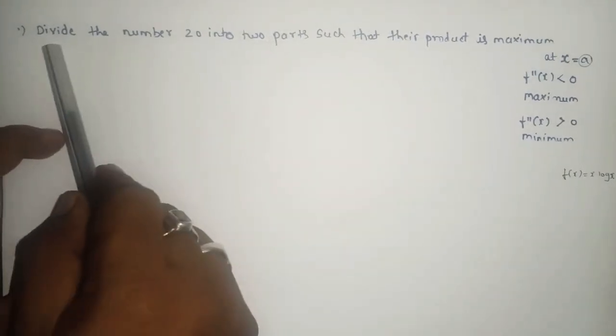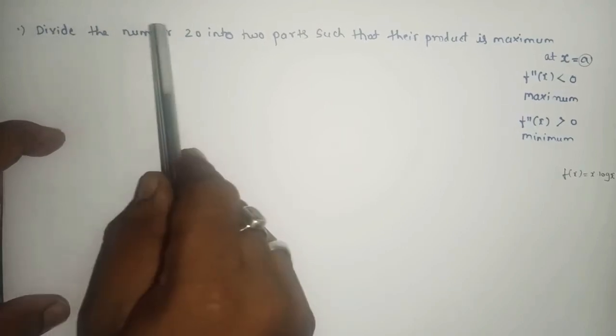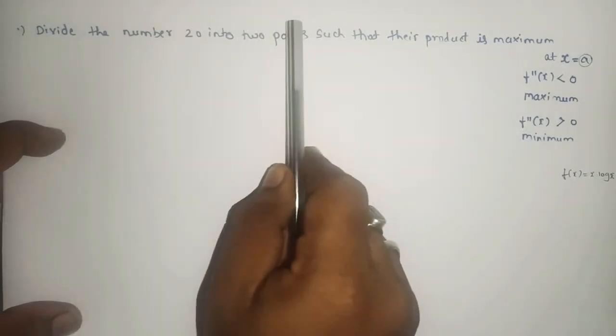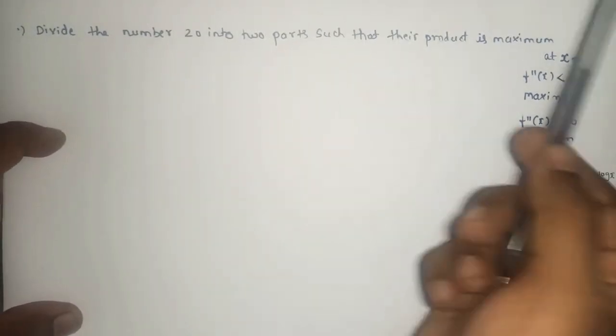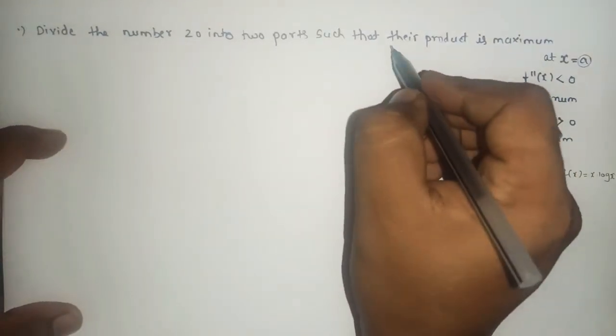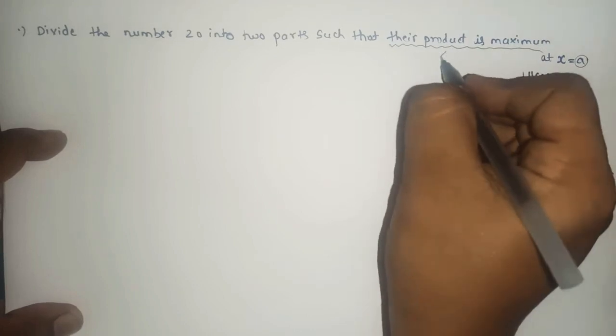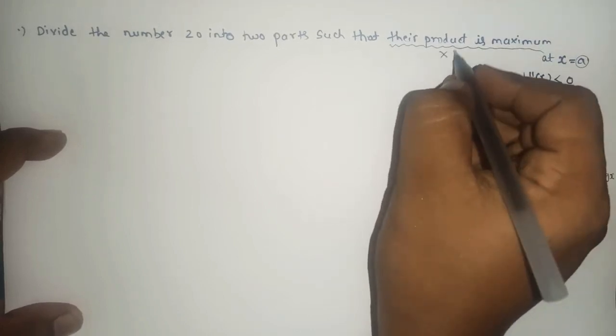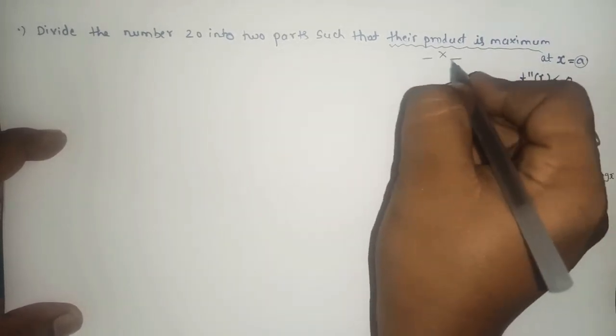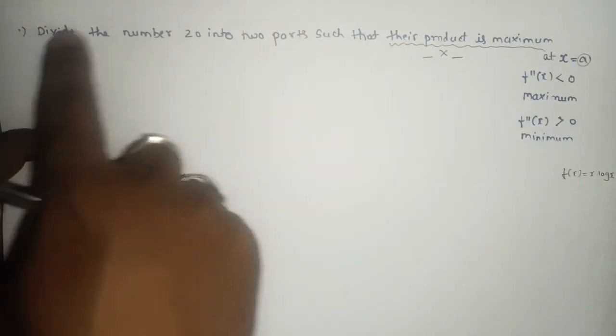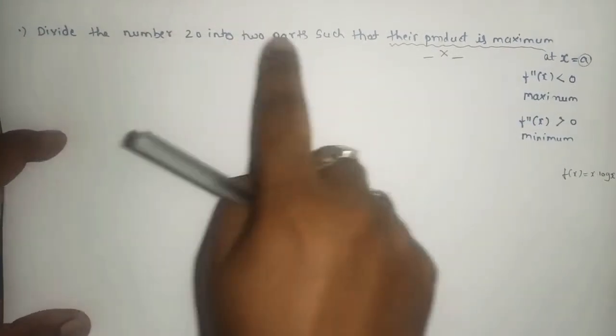As the statement sum says, we have to divide the number 20 into two parts such that their product is maximum. So this is the hint: their product is maximum. Product means multiplication between two numbers.